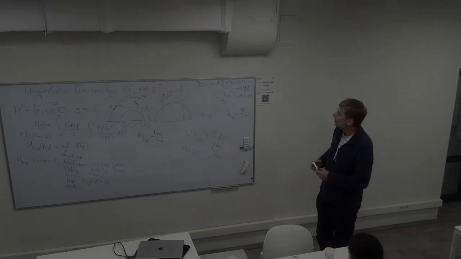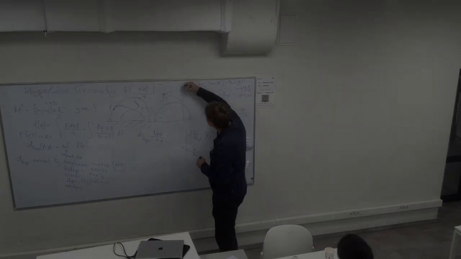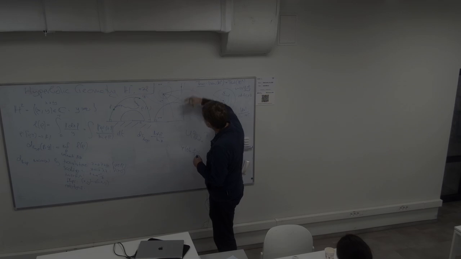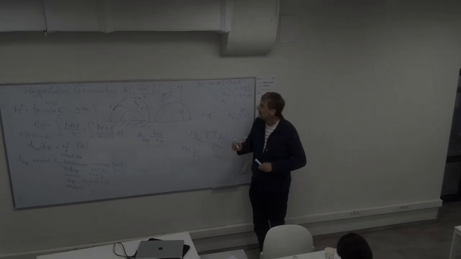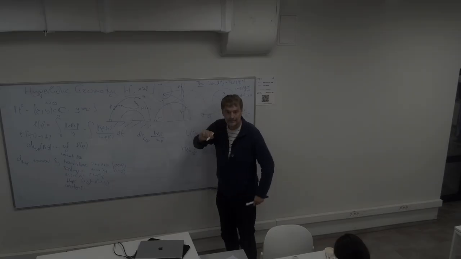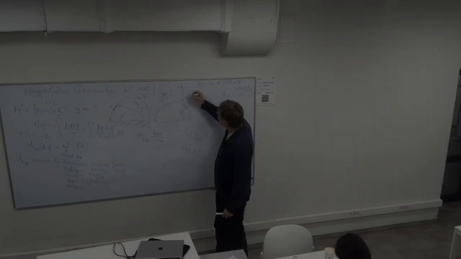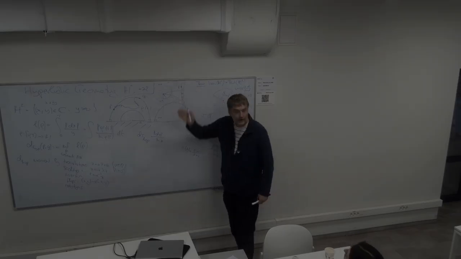Why is that so? Let's look at a special case. The 2 points, P and Q, are vertically above each other. Then we compute the length by taking any curve like so and connecting them. But whenever I have such a curve, I can project it horizontally to the vertical line.